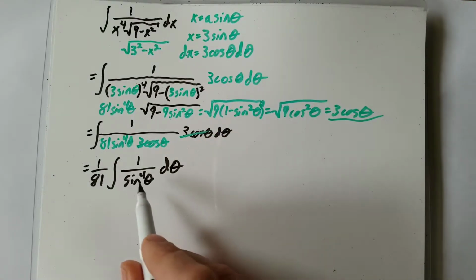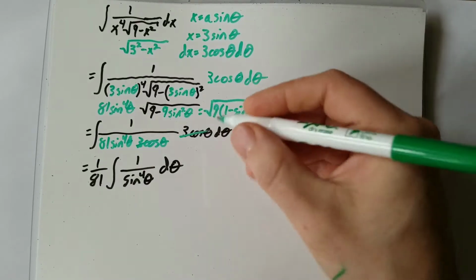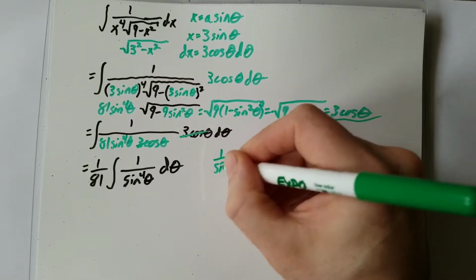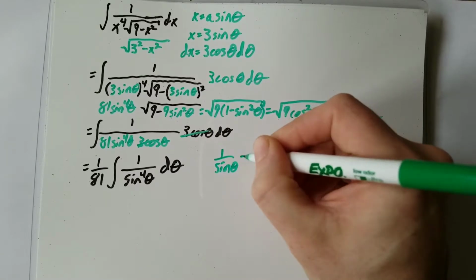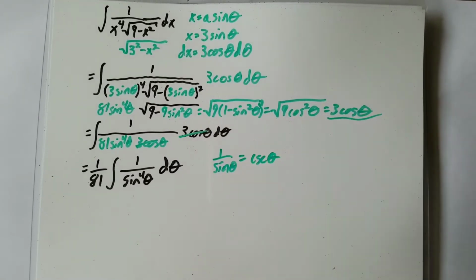Now, when we look at the 1 over sine to the 4th theta, we know that 1 over sine theta is the same as cosecant theta.